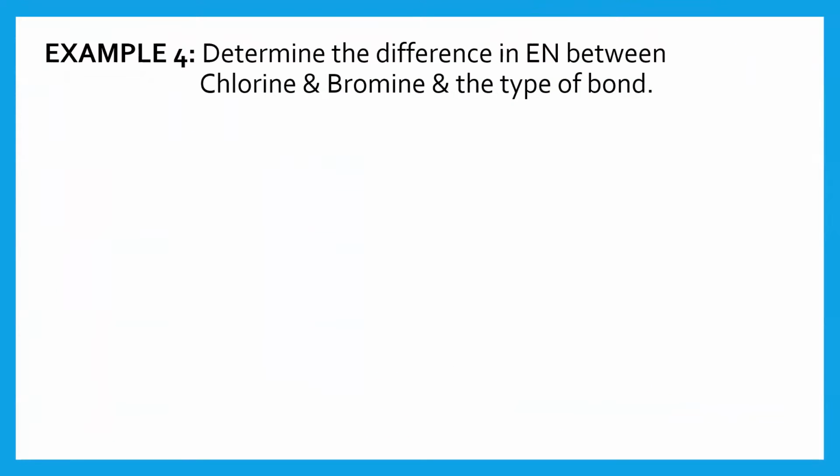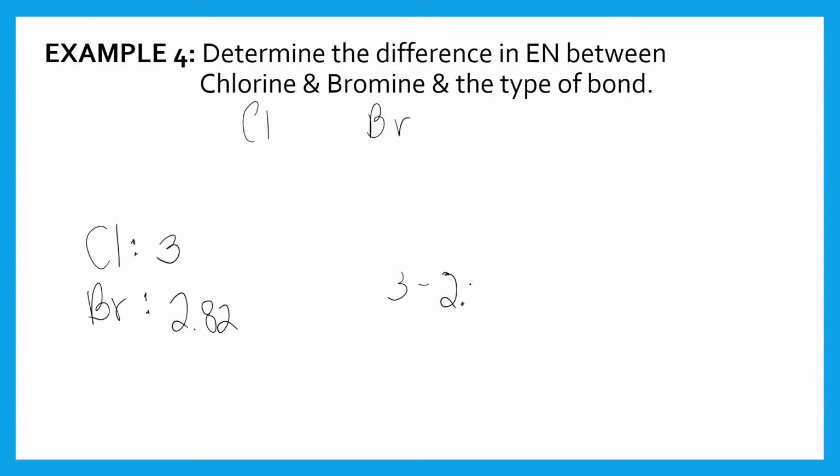Okay, last one. Compare chlorine and bromine. Chlorine is Cl, bromine is Br. Chlorine's value is once again 3. Bromine's value is 2.82. If I subtract, I get 0.18.